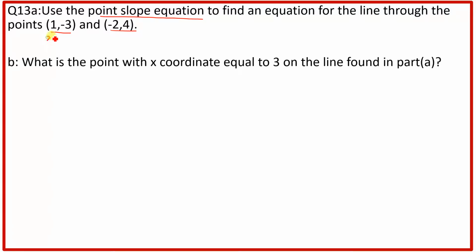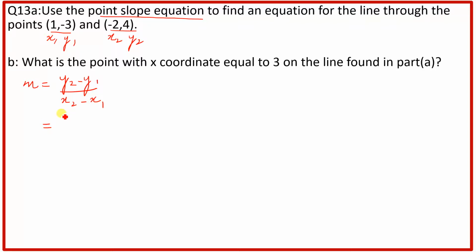This one we will consider x1 y1, and this is x2 y2. If you want, you can switch it, it's up to you. First of all we will find the slope. We are solving part A. Slope m is equal to y2 minus y1 divided by x2 minus x1.